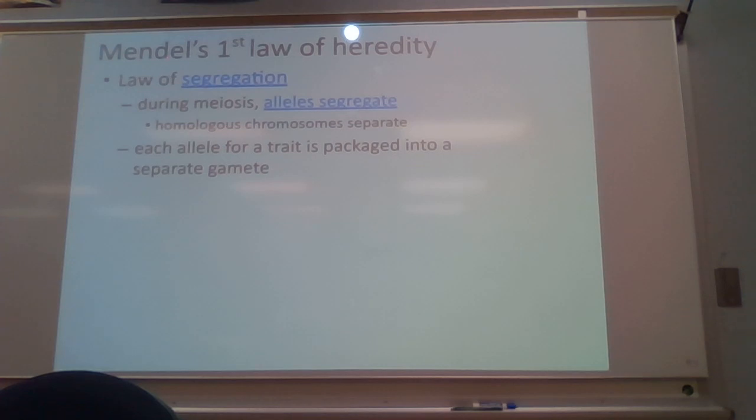You're probably more familiar with the term segregation in a history context, especially U.S. history, because segregation means to keep separate, or to separate. And so the idea behind this law is that during the process of meiosis, alleles are going to separate from each other and end up in different gametes.